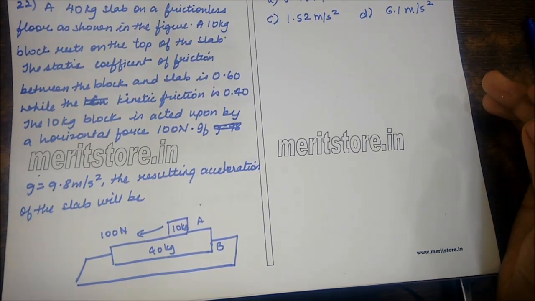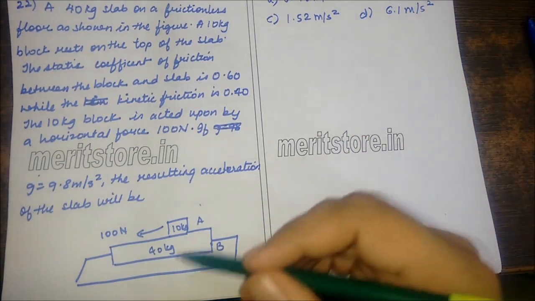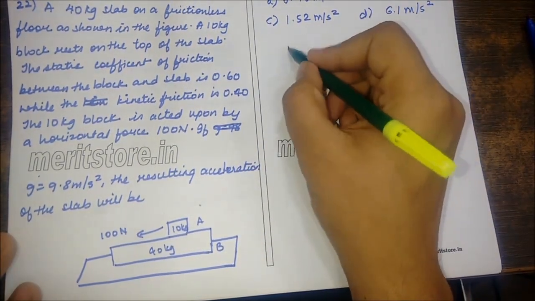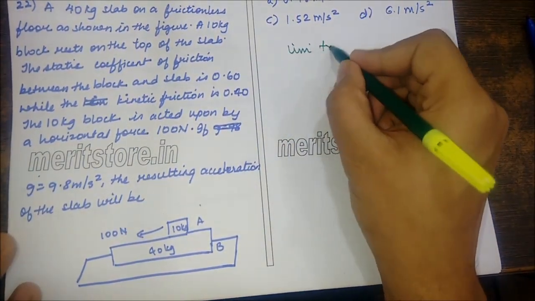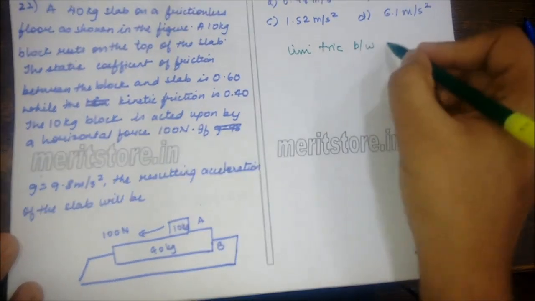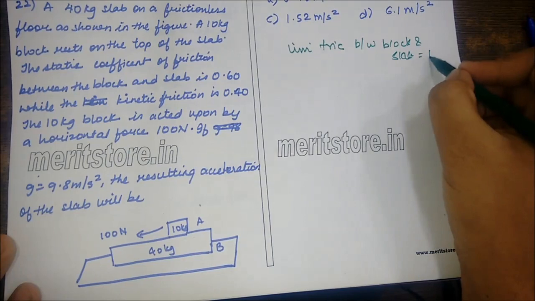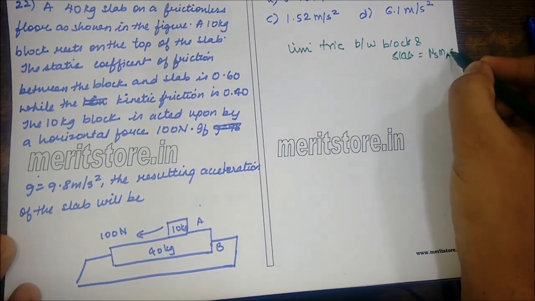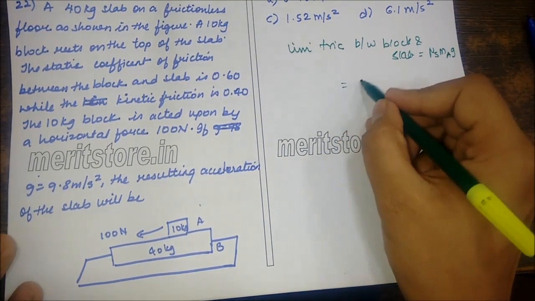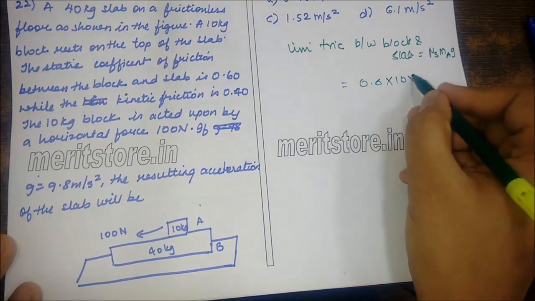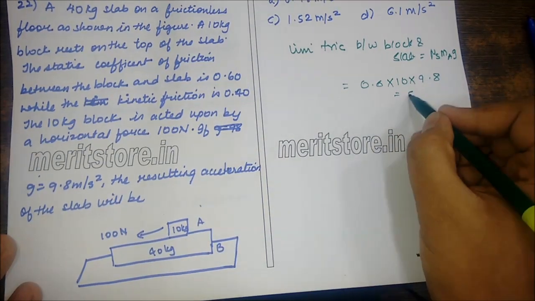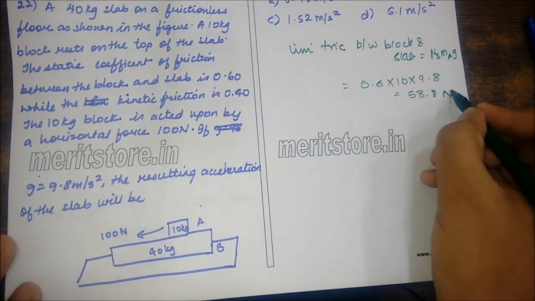Now we know limiting friction between block and the slab is given by mu s m A g, which is equal to 0.6 into 10 into 9.8, which is equal to 58.8 Newton.